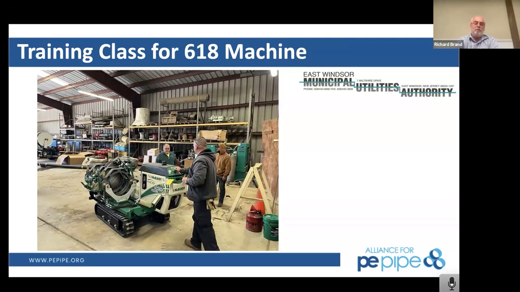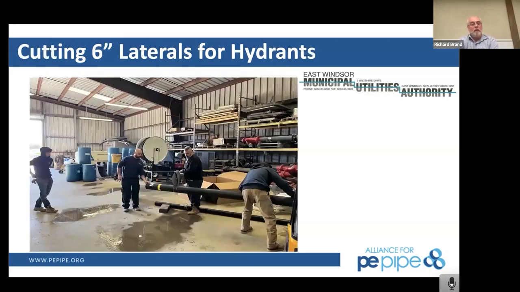But here, this picture shows that we bought a Track 618 butt fusion machine. Our guys have been trained on it, and we're getting ready to install a bunch of water mains. Here again, this is the guys practicing. They're cutting pieces of pipe right now, practicing on getting out there and performing the work.